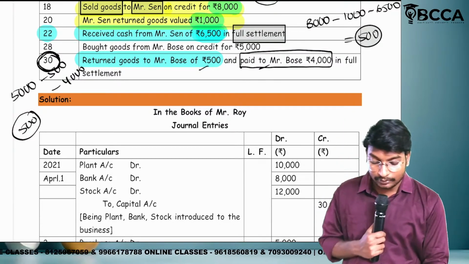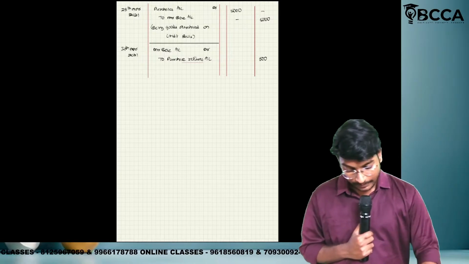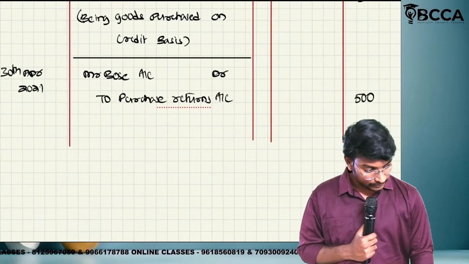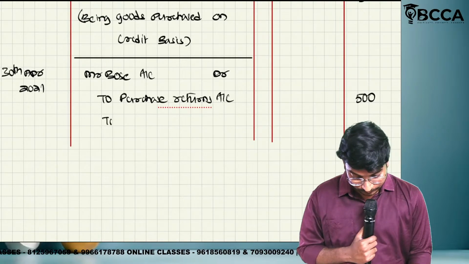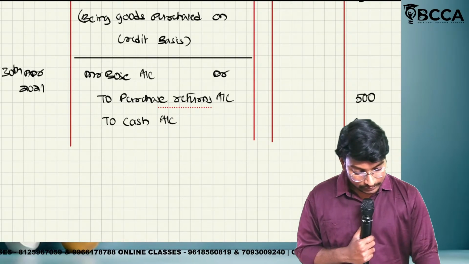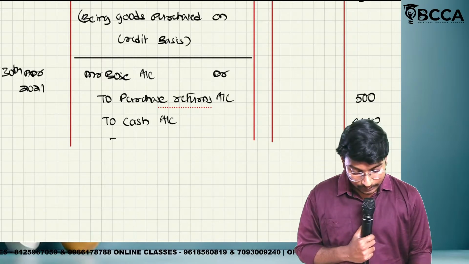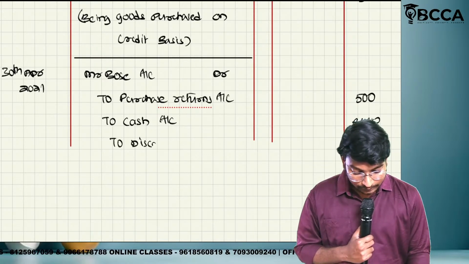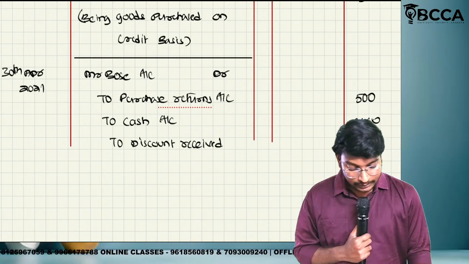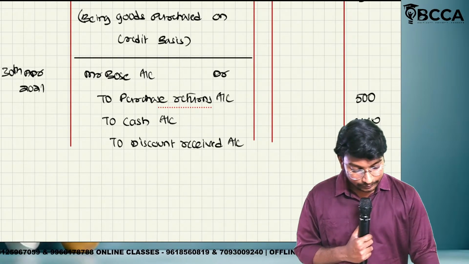To cash, how much? 4,000. Next one, to discount received. How much? 500.